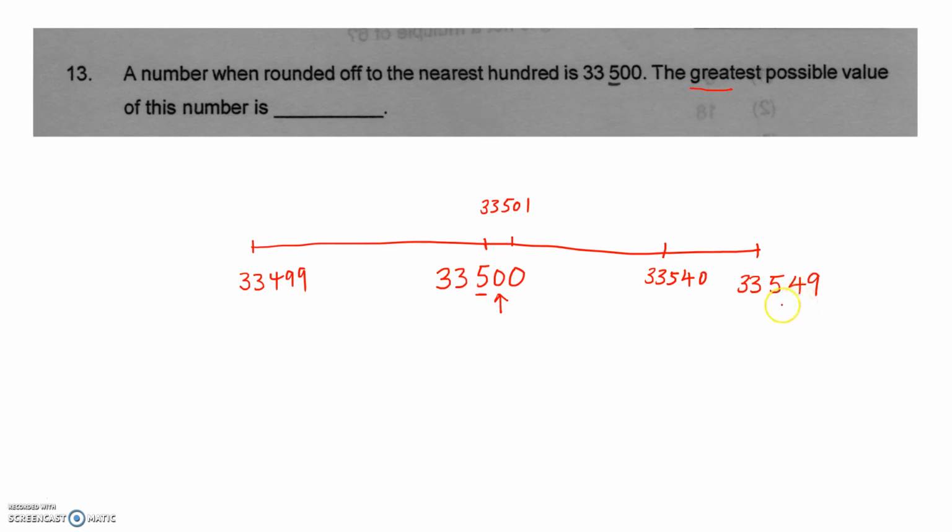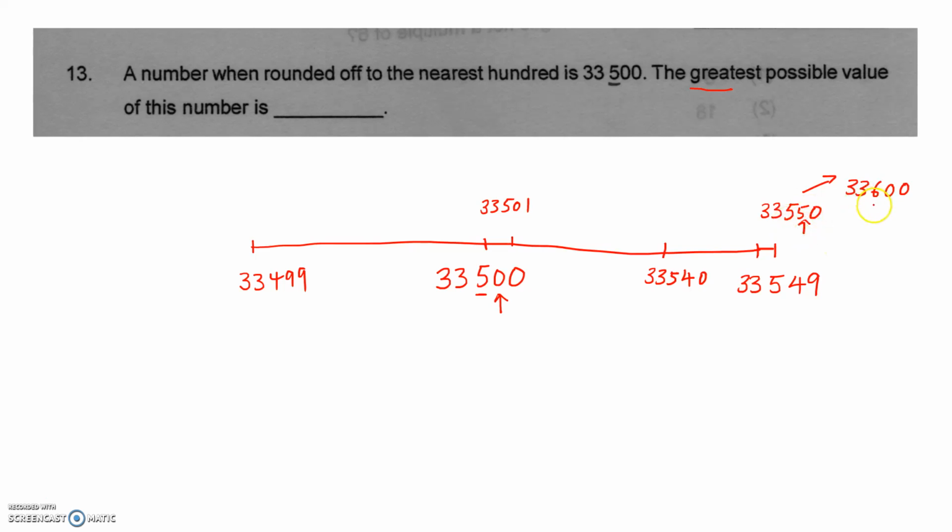Now if you want to test it further, you can add 1. Let's say I just add 1: 33,550. 49 plus 1 is 550. Now, if this is rounded off to the nearest 100, it will become 33,600, because we are looking at this number and we round up.